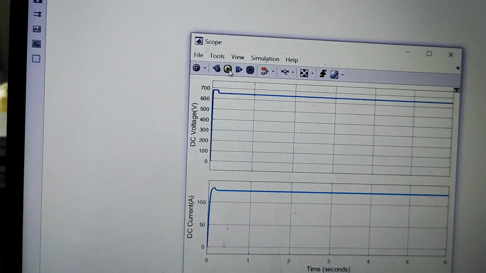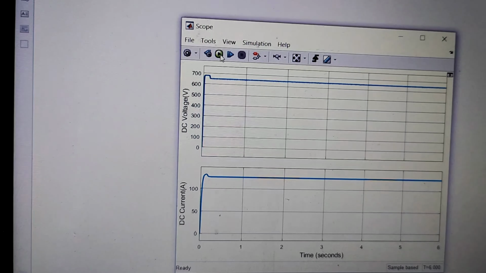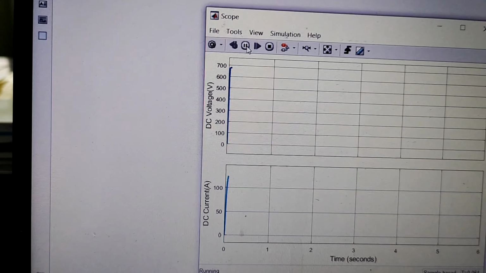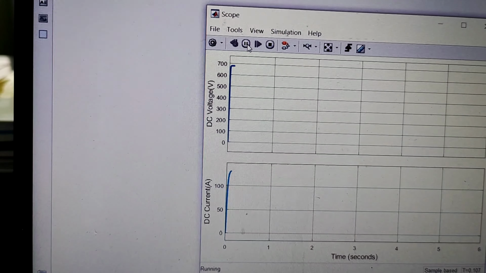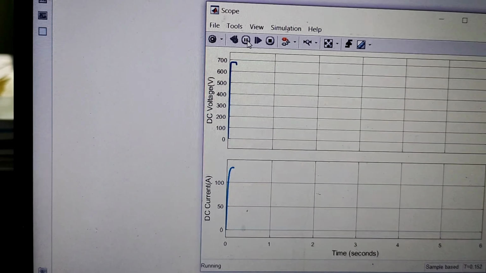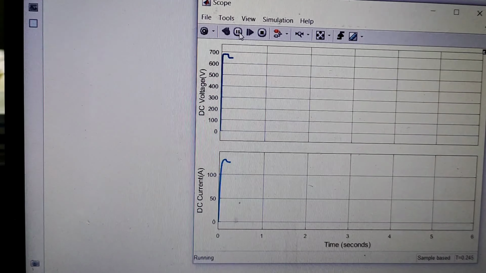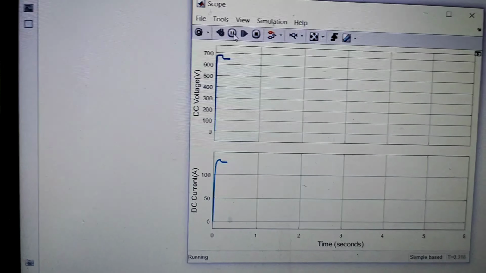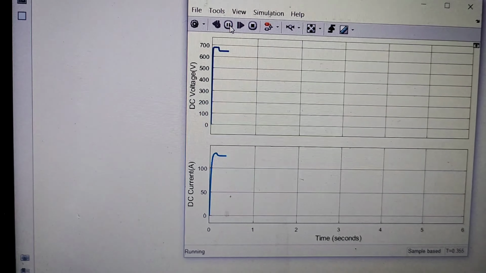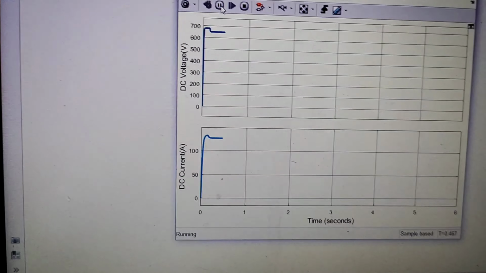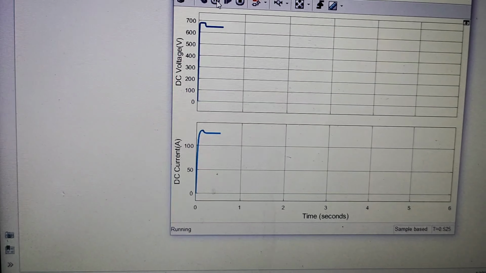Now I am showing how the simulation occurs here. Compared to this, it has very little harmonic distortion. So this is the main theme, and this project is my career objective. Thank you.